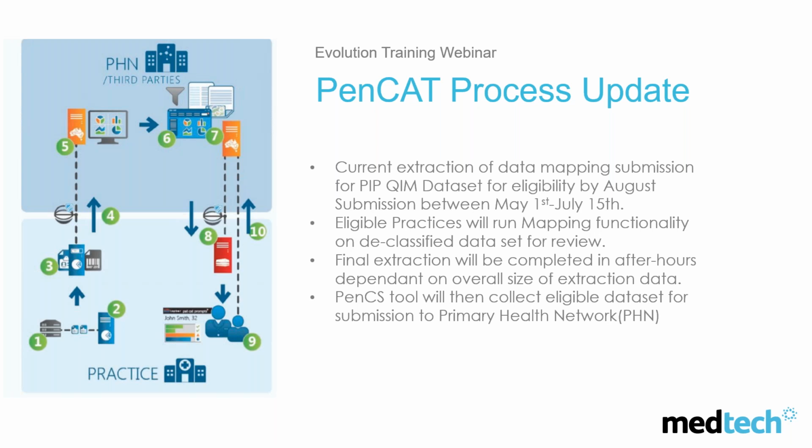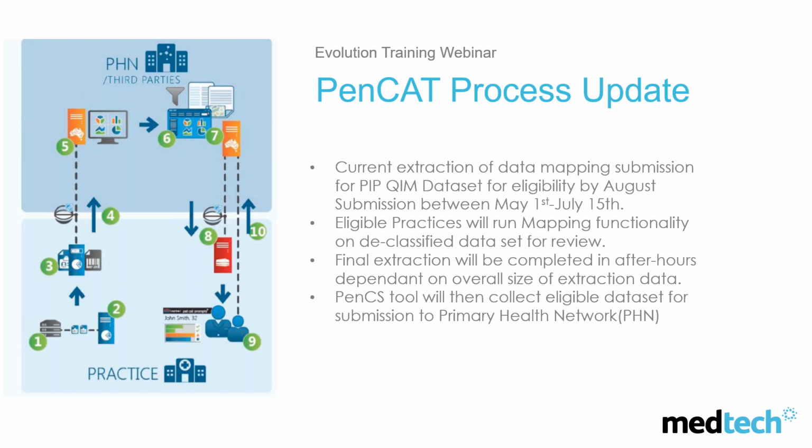Then the final extraction of those measurables needs to be completed and submitted to the primary health network. I've got a little bonus thing on the bottom there that we'll go through later, about how the data set looks in Cat4 and PenCS and how we can submit based on those data categorizations that I had in the previous slide.